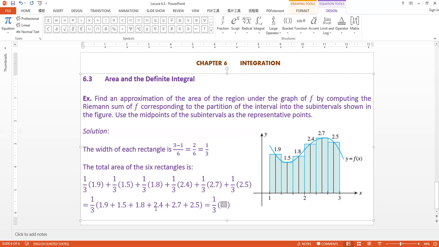Sorry, let me do it again. 7.6 plus 2.7 is 10.3, and 10.3 plus 2.5 is 12.8.